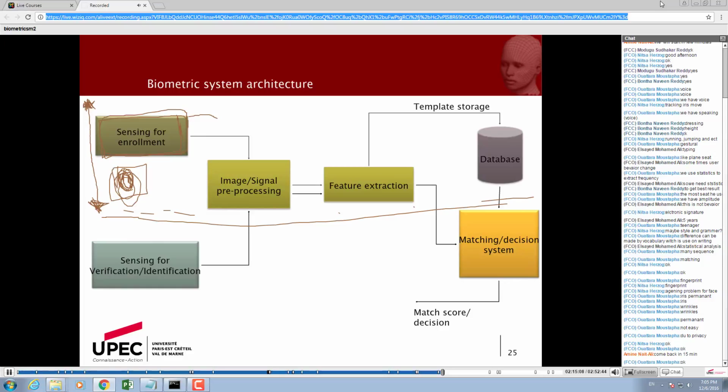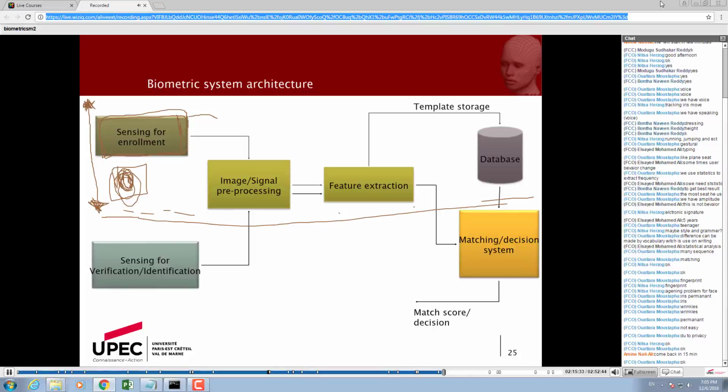What does it mean to pre-process the image? It's just the phase before extracting the features. We discard anything which is not interesting. We can remove the noise. We can enhance the quality of the image. This is the idea of pre-processing.